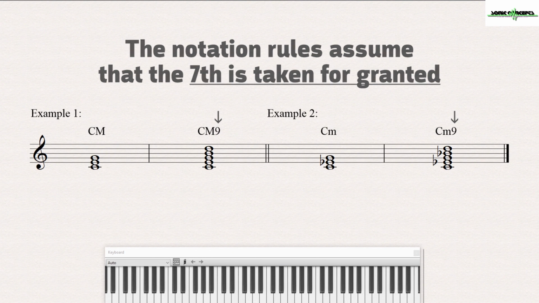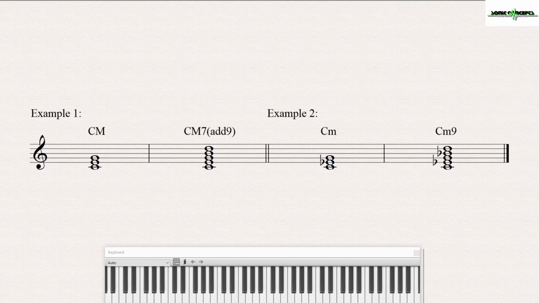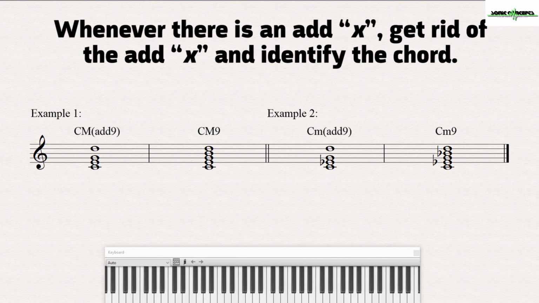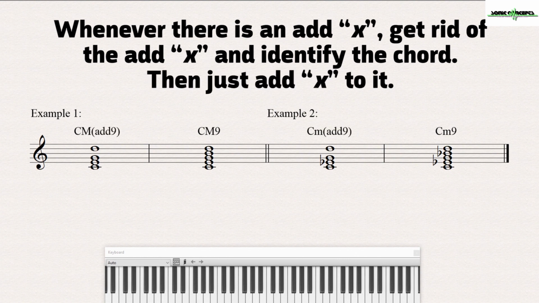You could also notate these chords as C capital M7 add 9 and C lowercase m7 add 9, but it is more common practice to use this shorthand notation to denote these chords which again assume a 7th is already present. Simply put, whenever there is an add X, get rid of the add X and identify the kind of chord it is, then just add X to it.